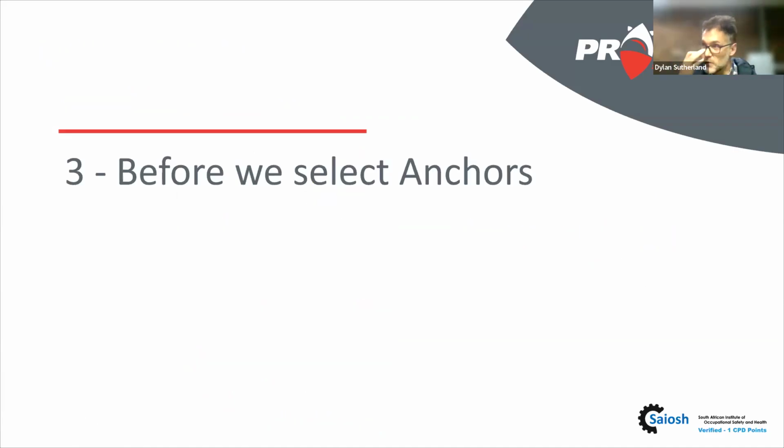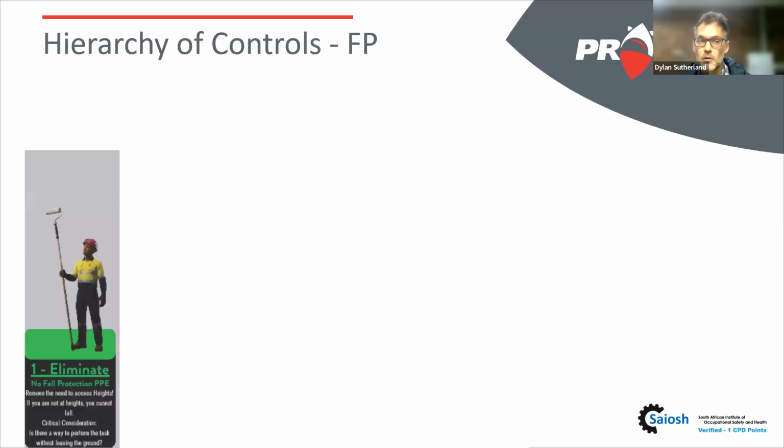So before we even get to selecting what we need as an anchor point, we need to approach safety practically. Just like we would with our normal hierarchy of controls, we have a hierarchy of controls for fall protection. Step one is, can we eliminate the risk? Meaning, can we stop that person from even needing to access that height?